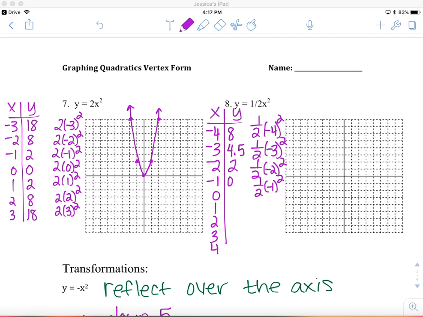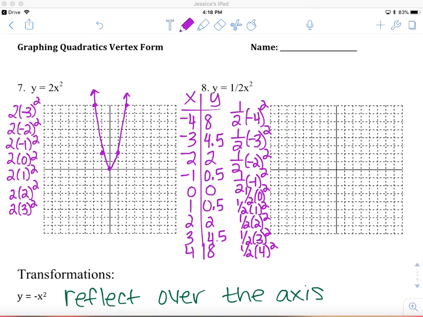Half of 1 is 0.5. 0 squared is 0. Half of 0 is 0. 1 squared is 1. Half of 1 is 0.5. And so on. You'll end up getting 2, 4.5, and 8.